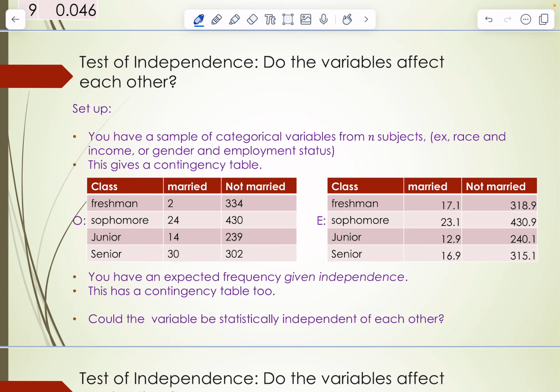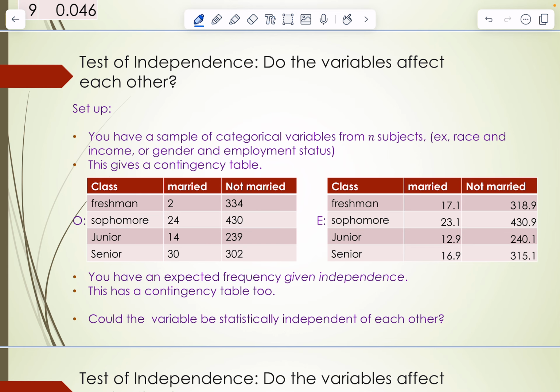Race would be the row labels, and income classes or categories would be the column headings. You count the number of people that fall into both categories.